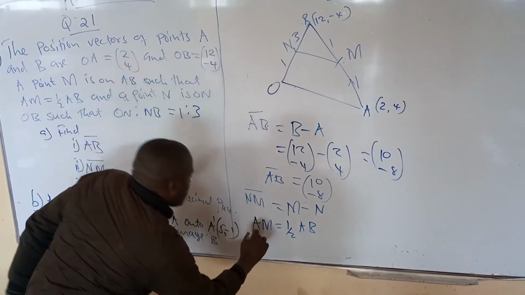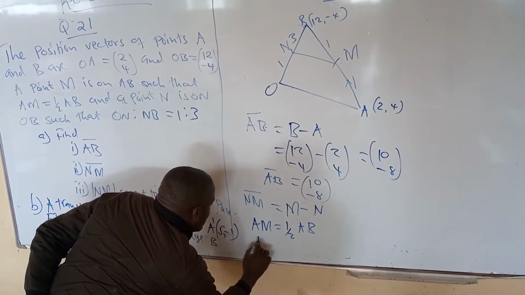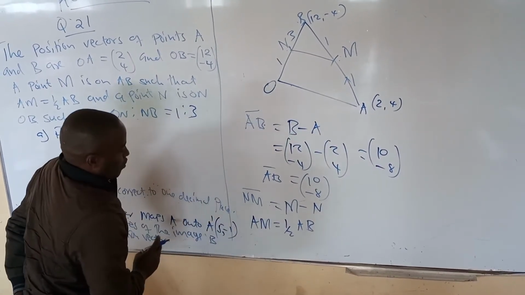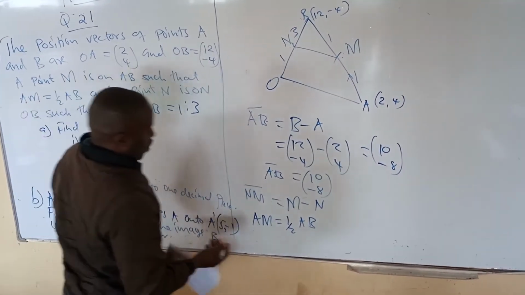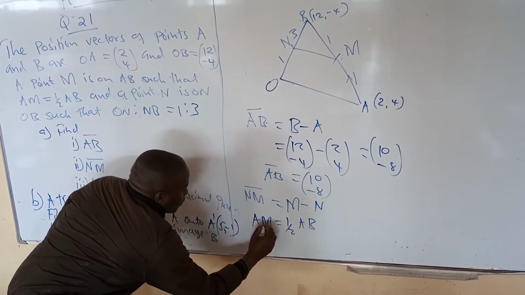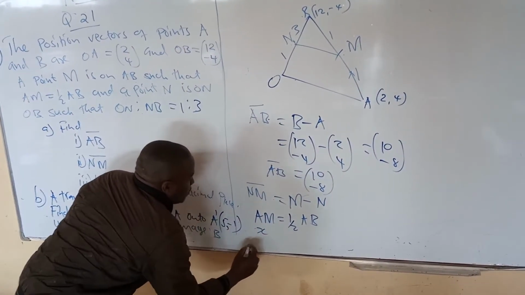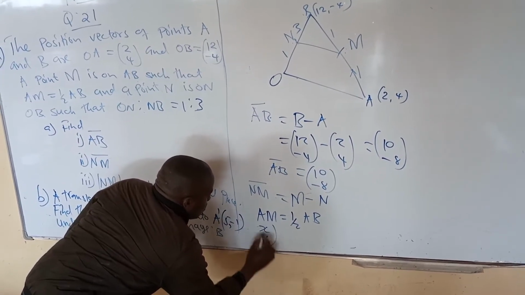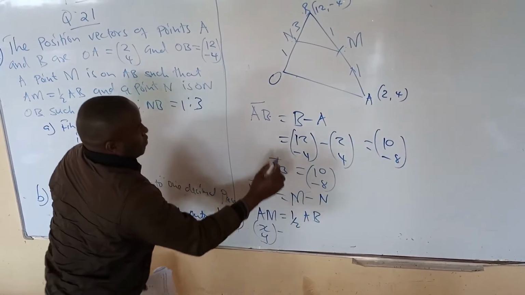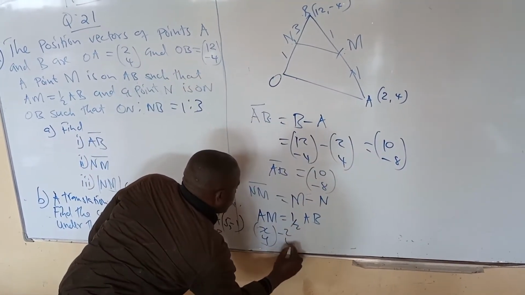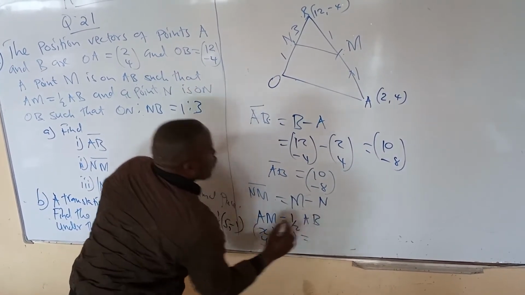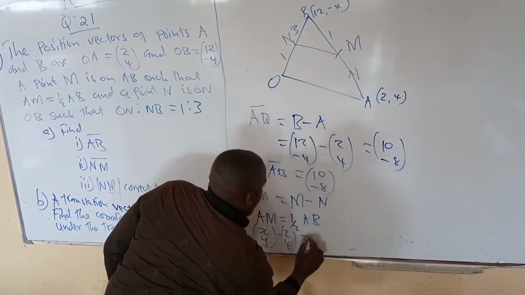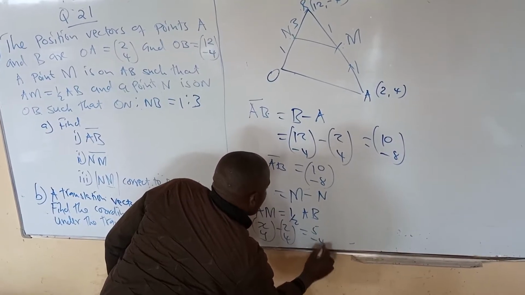So for A to M, if we let the coordinates of M be (x, y), then (x, y) minus A, which is (2, 4), equals half of AB. Half of AB becomes (5, -4).